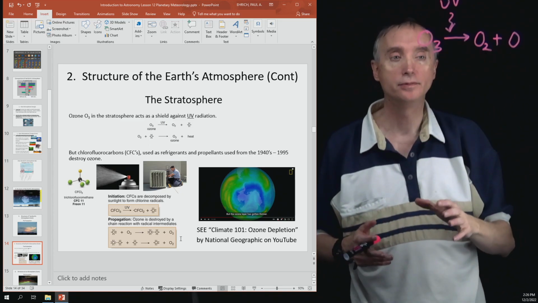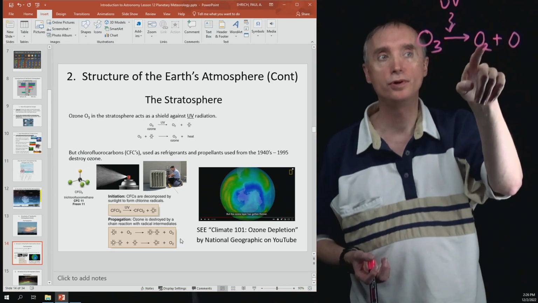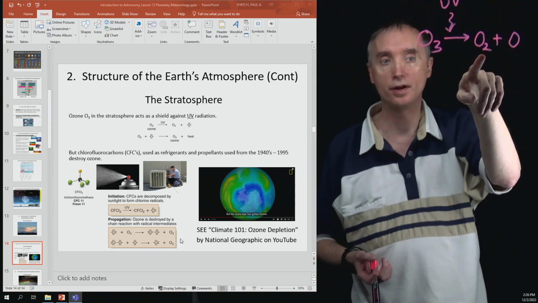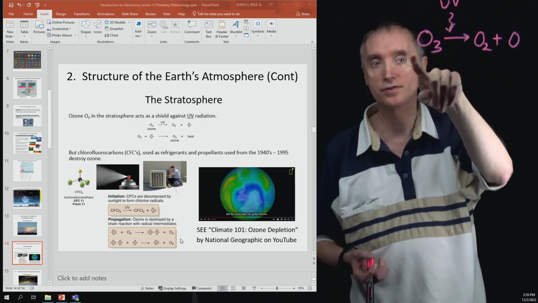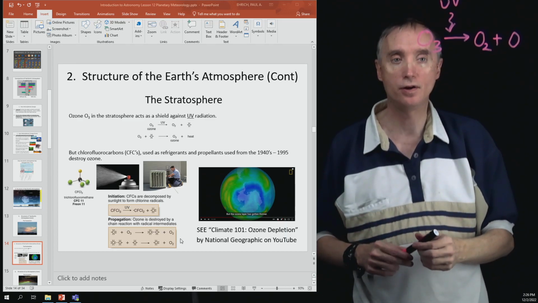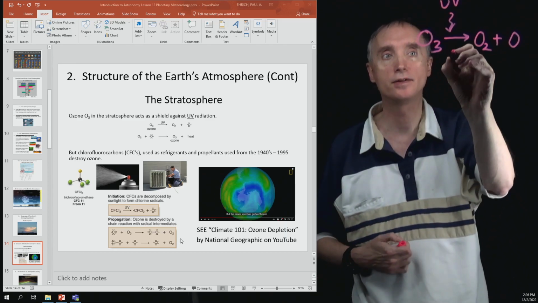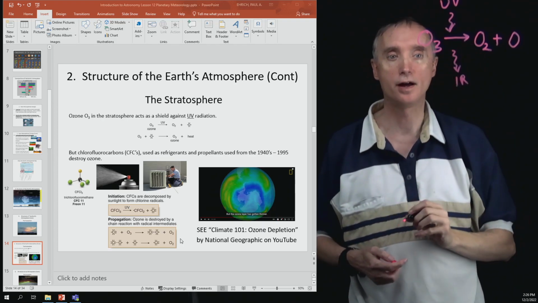Now, normally in the stratosphere, the oxygen will recombine with the O2 to make O3. And so it just repairs itself. It remanufactures the O3, and in the process, what comes out is infrared light.